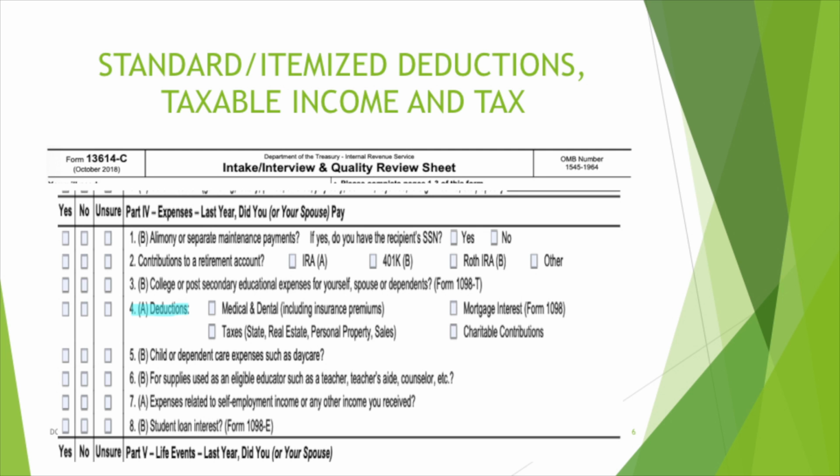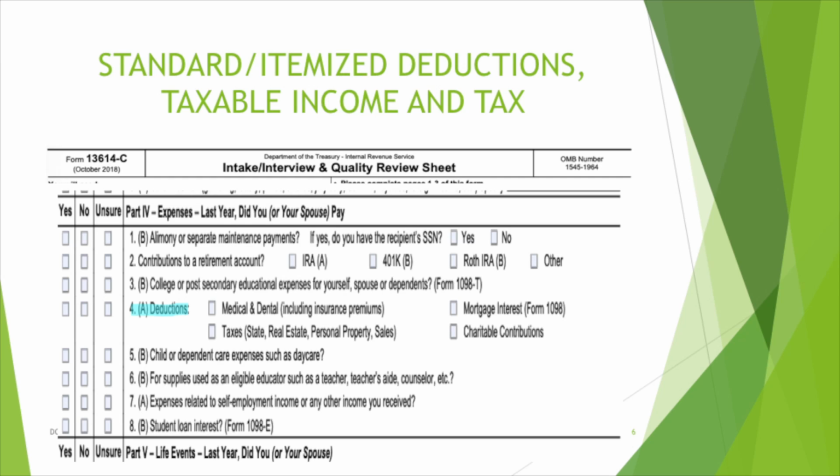The itemized deduction form is Schedule A of the Form 1040 return. As you can see, itemized deductions encompass medical and dental expenses, including medical premiums, real estate taxes, personal property taxes, sales taxes, mortgage interest, and charitable contributions. All of those are included on the Schedule A.